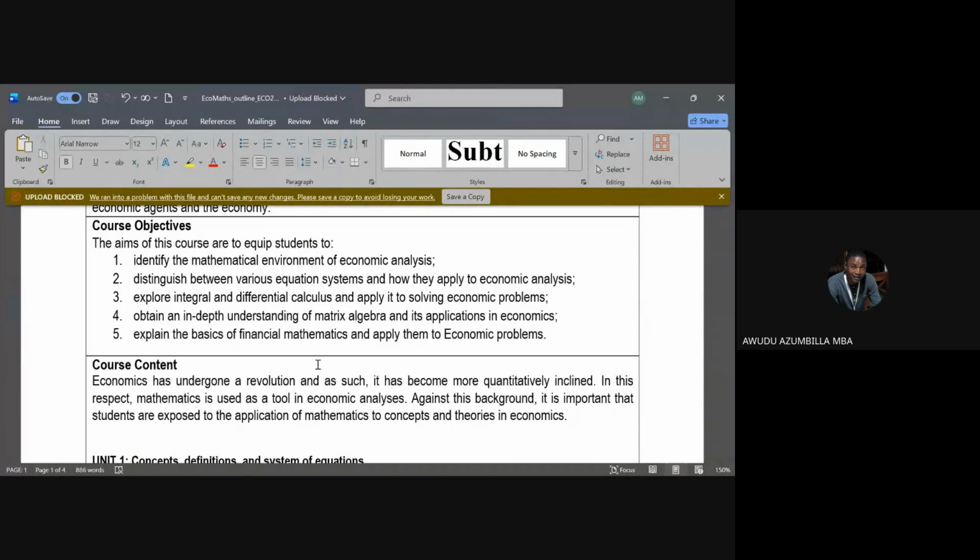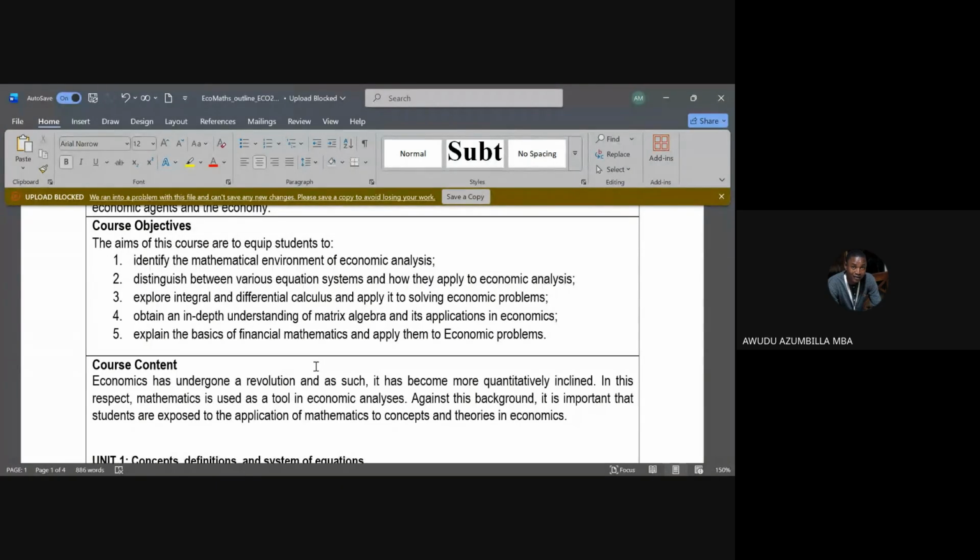Then we also equip students to be able to differentiate between various equations and systems. Remember that in our core maths and in elective maths, we have done so many equation systems: simultaneous equations, quadratic equations, linear equations, polynomials are all the simple equations that we are talking about.